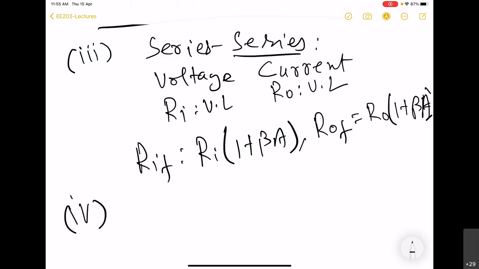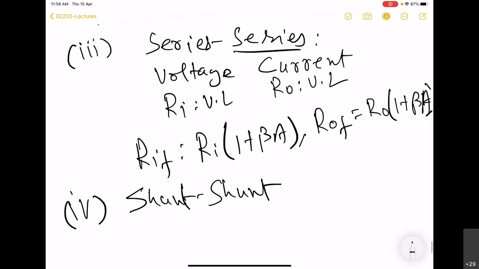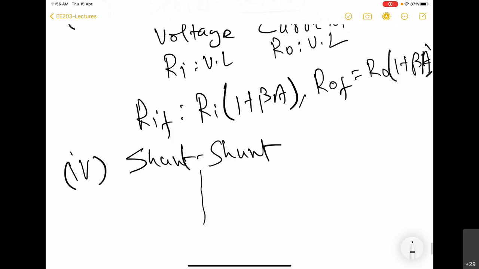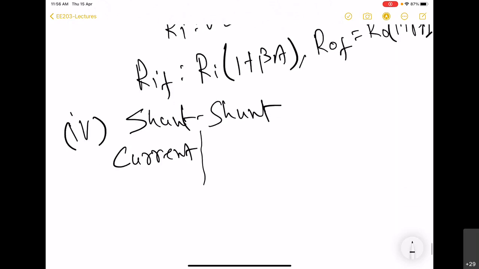Now, if you talk about the last case, which is the shunt case. So on the input side, we have shunt connection. That means we must be having current input in the amplifier. That means Ri should be very small.